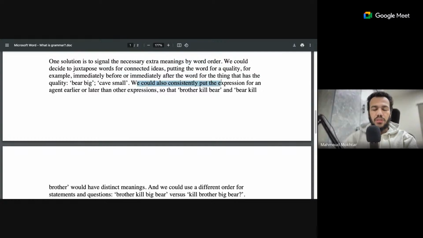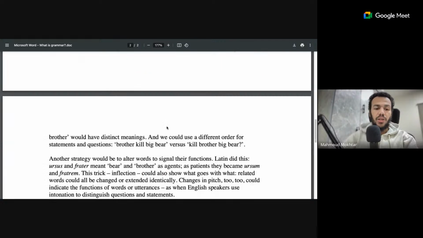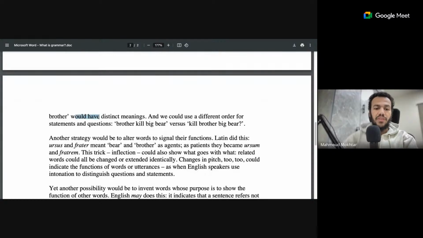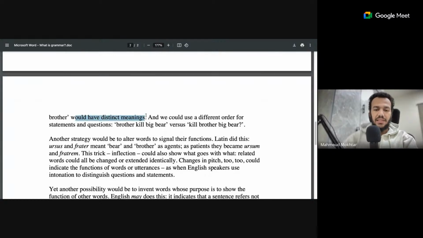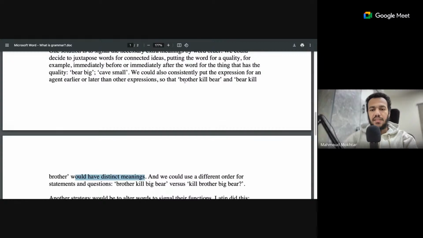We could also consistently put expressions for an agent earlier or later than other expressions, so that brother kill bear and bear kill brother would have distinct meanings. So now we know who killed whom, who's the doer.